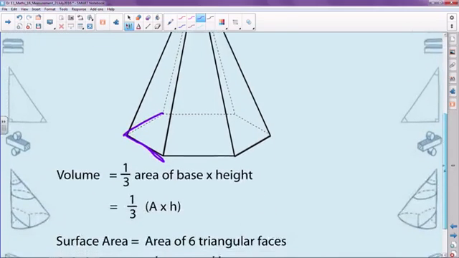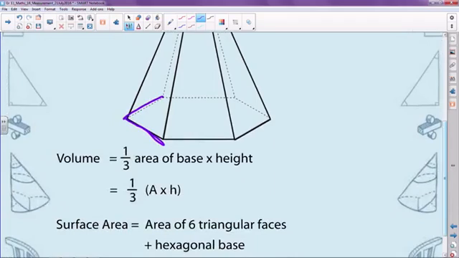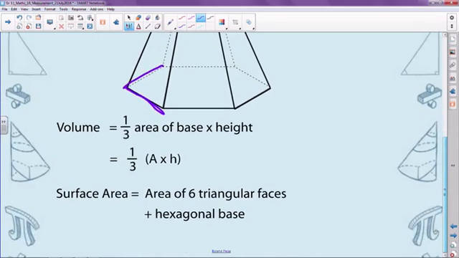So the volume is a third of the area of the base times height, which equals 1 over 3 multiplied by A multiplied by height. And then the surface area will be the area of the 6 triangular faces plus the hexagonal base.